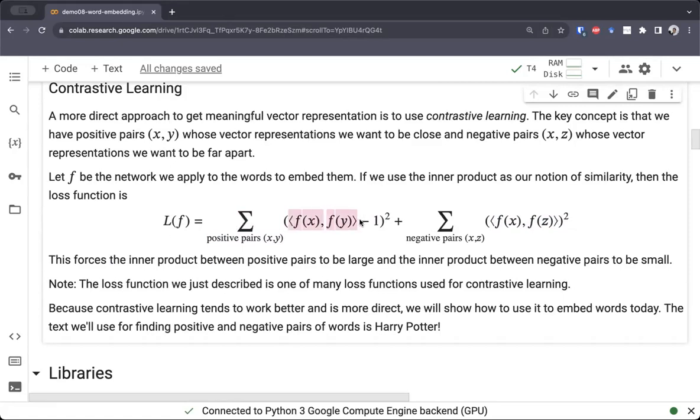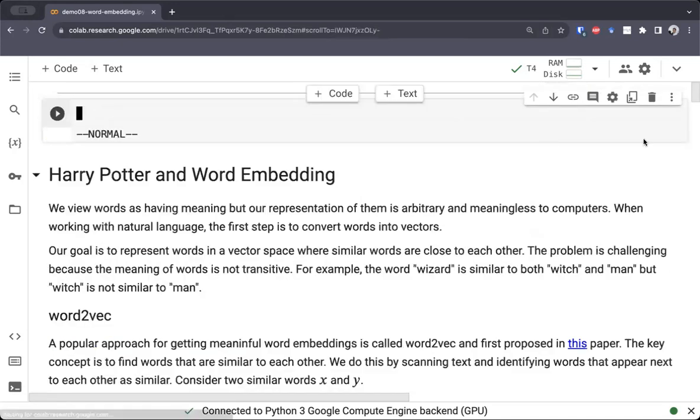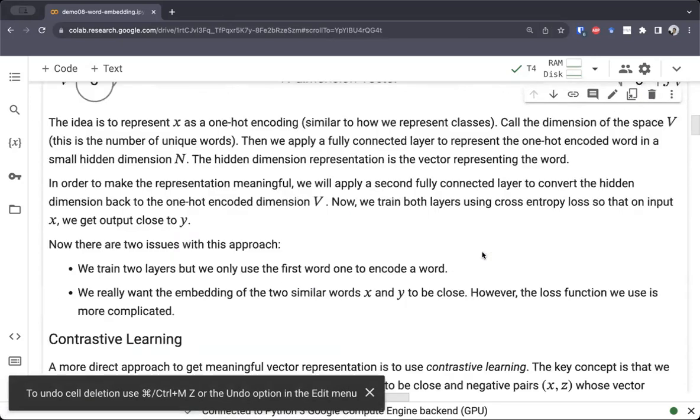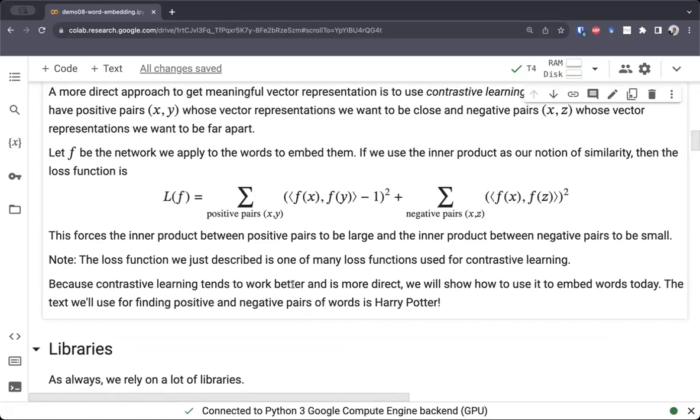We need to choose how much we want to weight the positive pairs loss versus the negative pairs loss. And there are lots of arbitrary decisions that go into this. This is just one way of creating a loss function for contrastive learning, but generally the idea is the same. We want positive pairs' embeddings to be similar, with large inner products, and negative pairs' embeddings to be quite small.